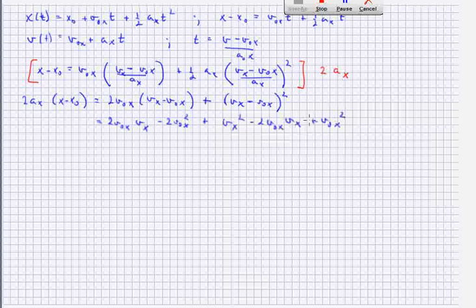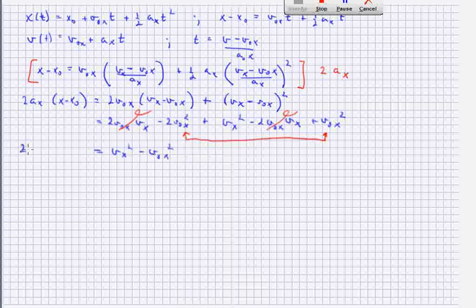Okay, so first of all, you can see that this term and this term are going to cancel each other. So I can cancel these two guys out. Secondly, I can combine these two. They're both v naught x squared. And so if I do that, I get v x squared minus v naught x squared.